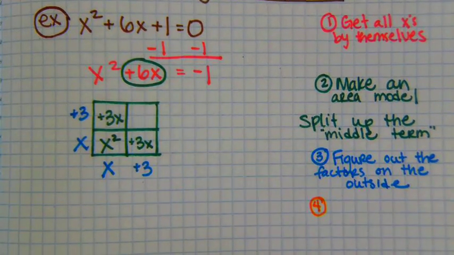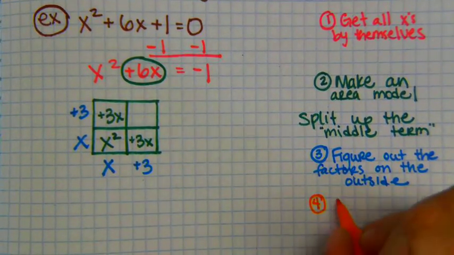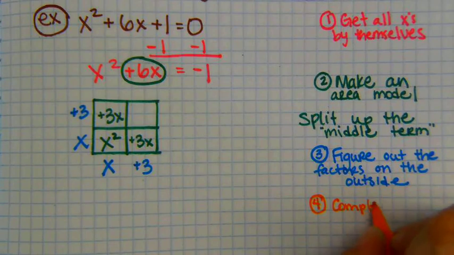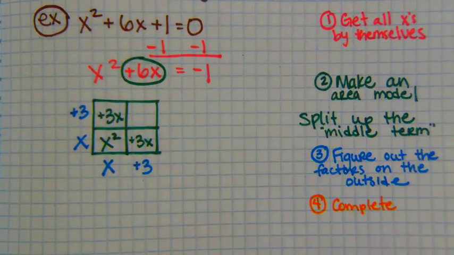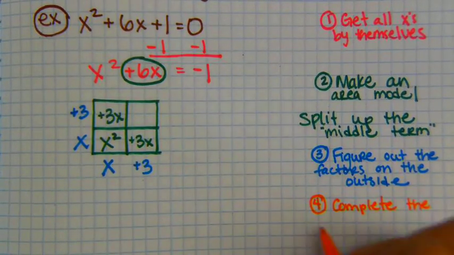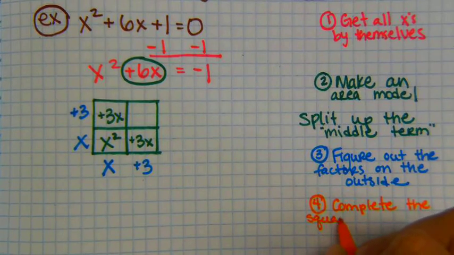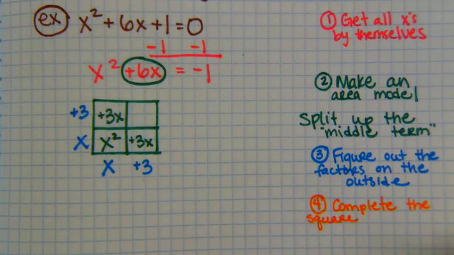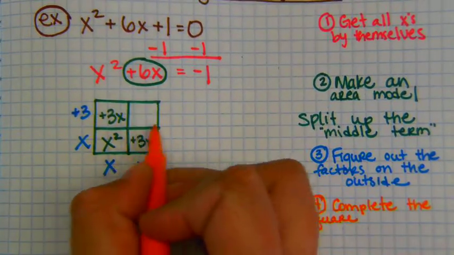Our fourth step is where the name of it comes from. We're going to complete the square. So we're looking for this top term.